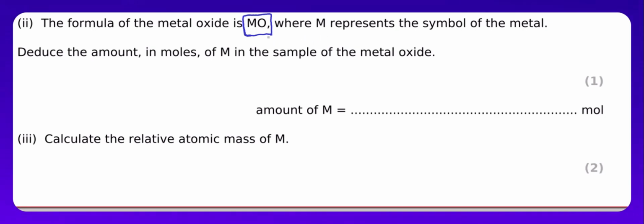So for you to have this formula, it means that the mole ratio of your metal to the oxygen atoms is 1:1. Or maybe you can say the number of moles of the metal and oxygen are equal or similar. Why am I saying that?